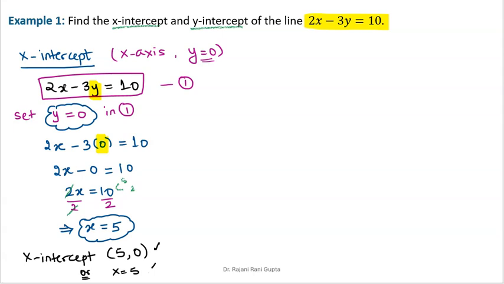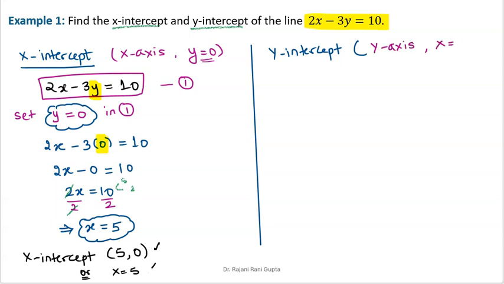Now, moving forward, we need to find the y-intercept. So what does y-intercept mean? It means the point where it crosses the y-axis. It means x equal to 0. So take your given equation 2x minus 3y equal 10.